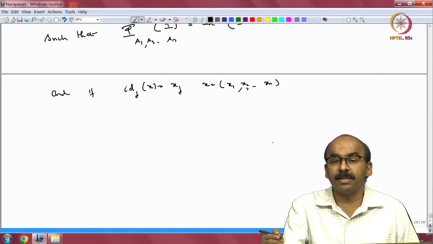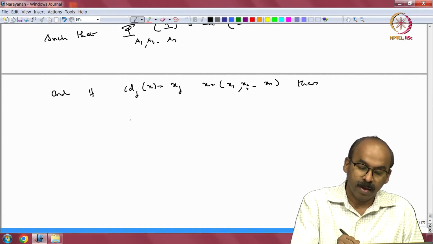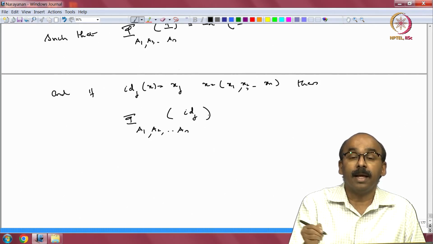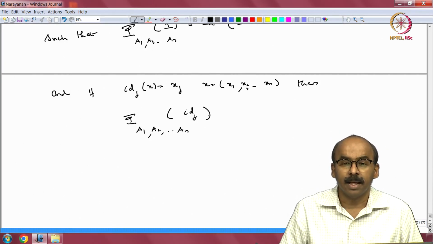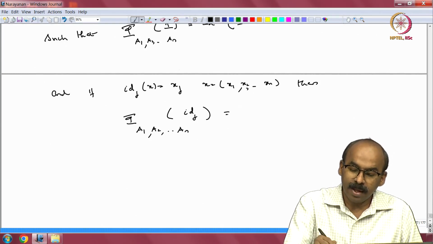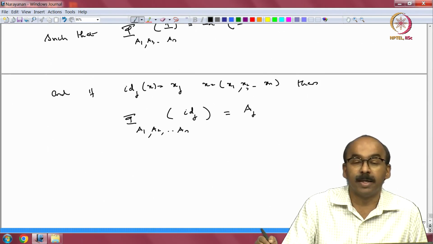Then phi a1 a2 etcetera a n of this function id sub j, that is the function x going to xj, will be aj, which is a bounded operator on our Hilbert space.